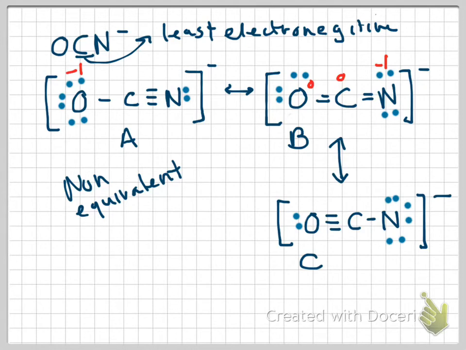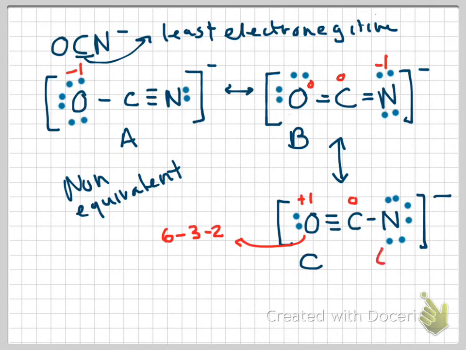And then I can do my last structure here. Now oxygen is going to be 6 minus 3 minus 2. So now oxygen has a +1 charge. Carbon is still 0.